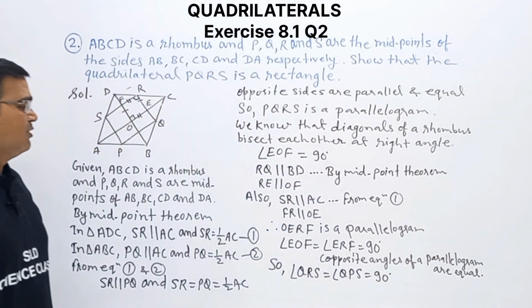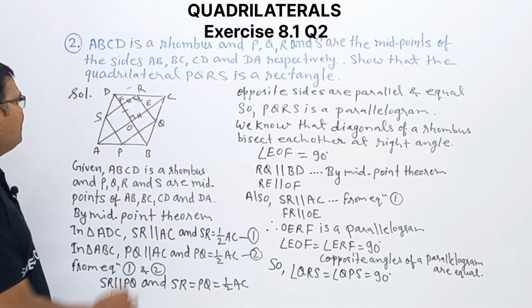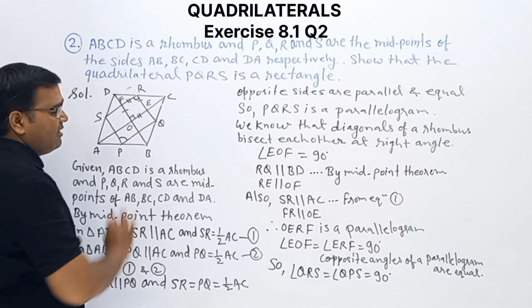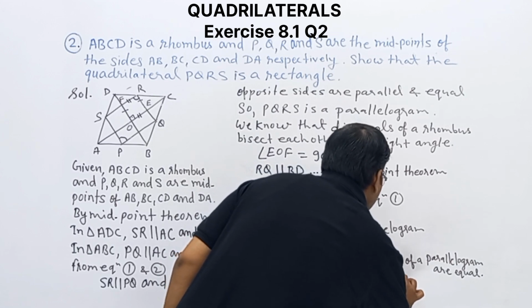Yes or no? This is 90 degrees, its opposite angle will be 90 degrees. Opposite angles, same things we can write.